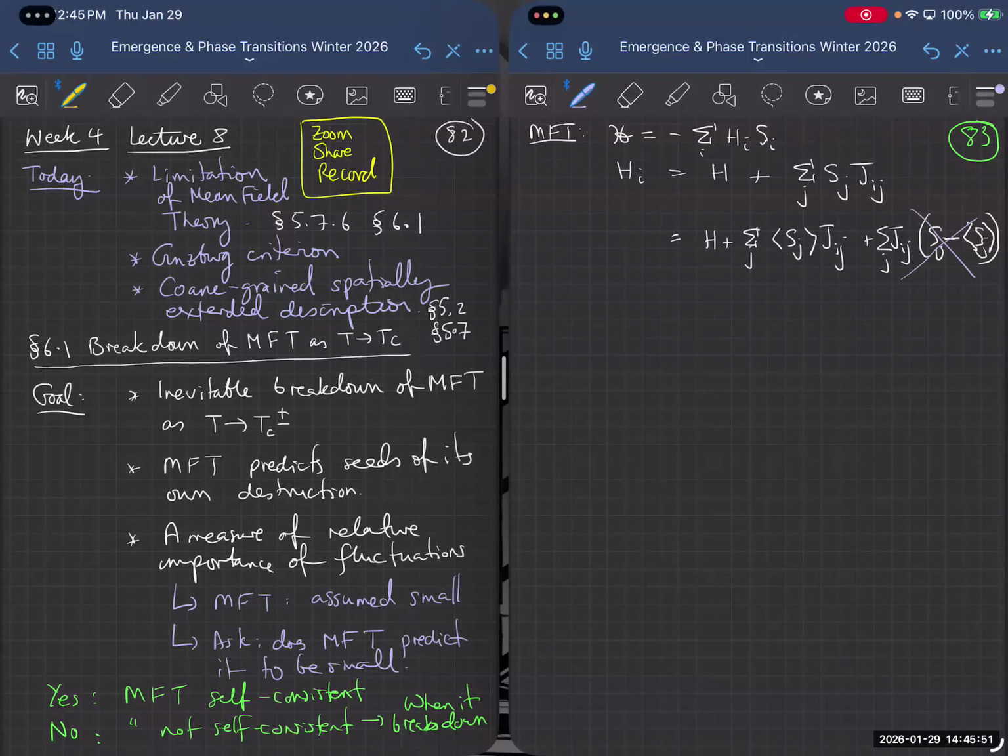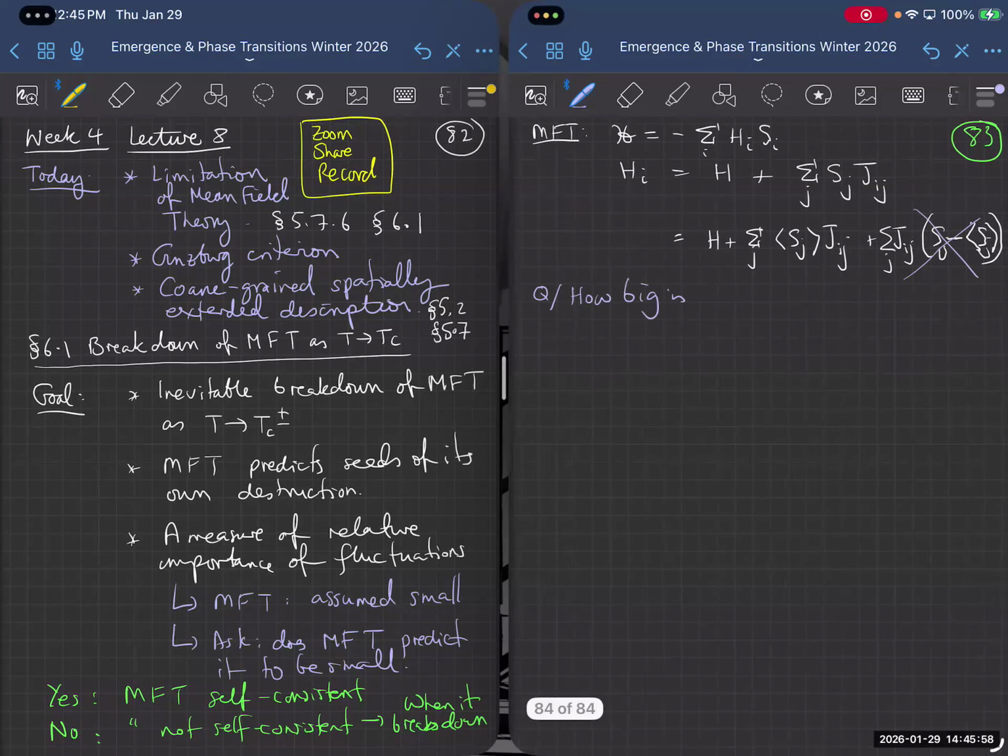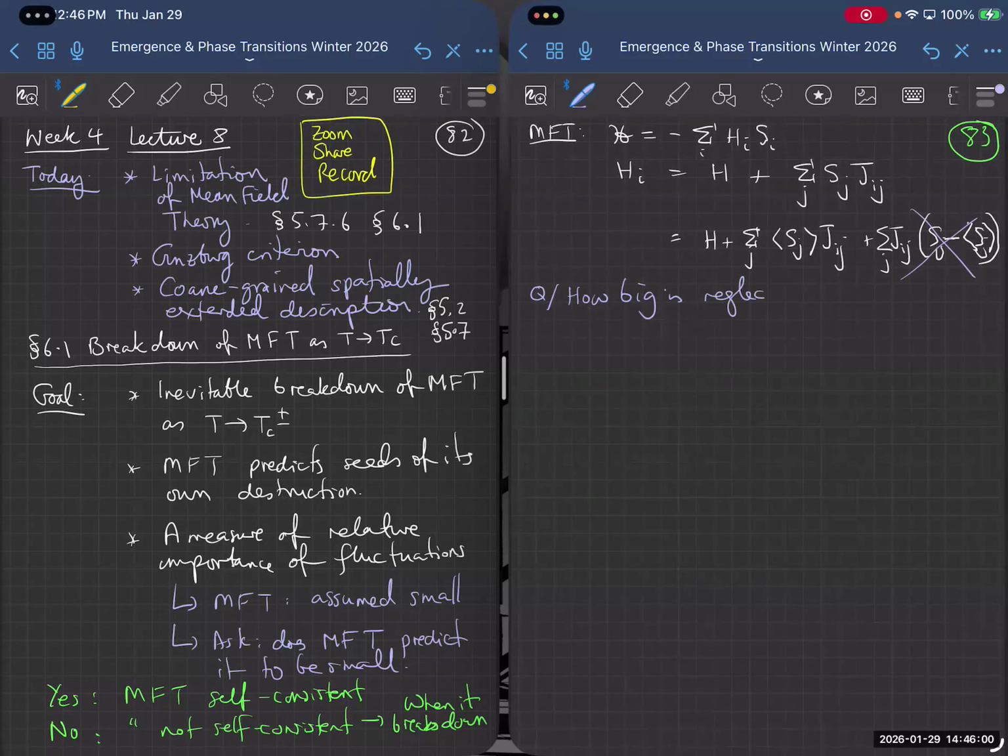And so the question that we have is, how big is the neglected term? And the answer is, well, big with respect to what exactly? The only thing that makes sense would be the average value of the spin itself.